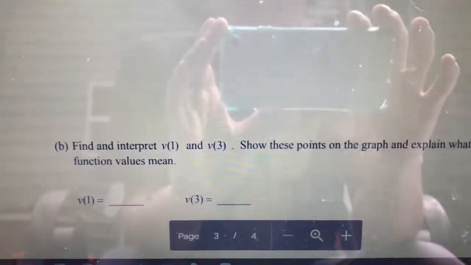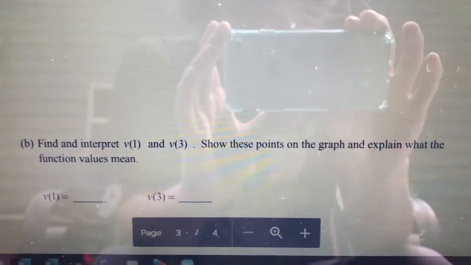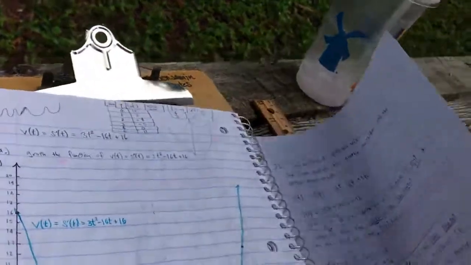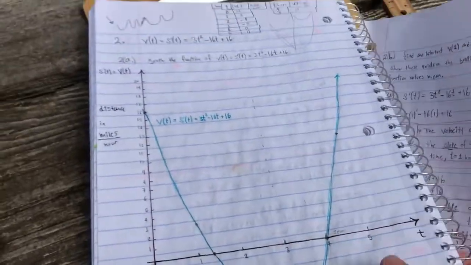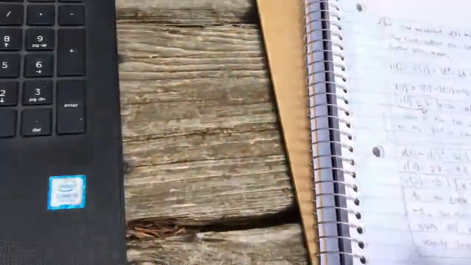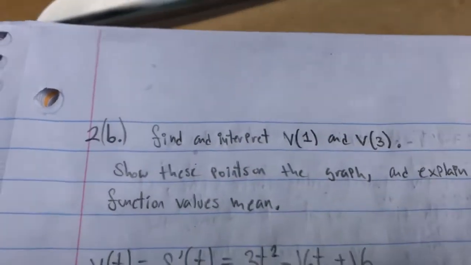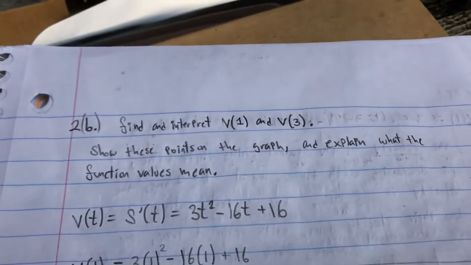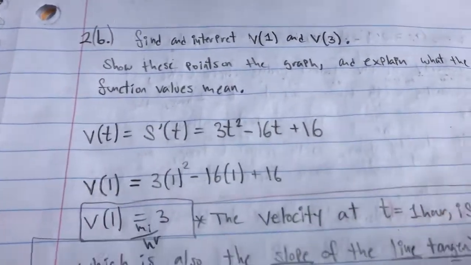Alright, so question 2b. Find and interpret v of 1 and v of 3. Show these points on the graph and explain what the function values mean. Here's the graph of the velocity function v of t.